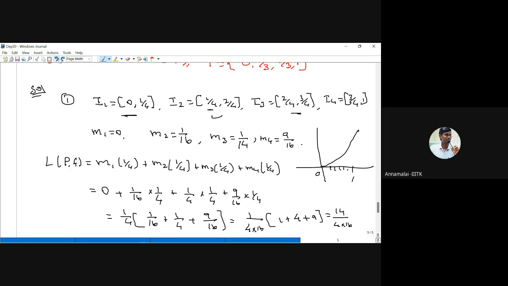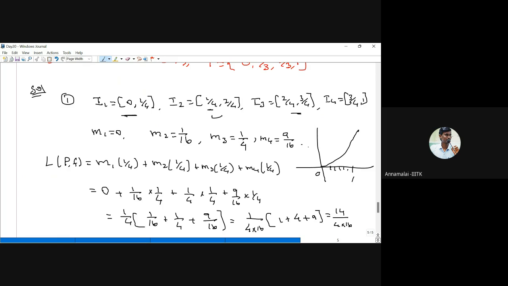Sorry? Where? In m3, how does 1 by 4 come? We will get the minimum value at the point 2 by 4. So 2 by 4 is nothing but 1 by 2. 1 by 2 square is nothing but 1 by 4, right? Therefore, this is correct. And here 3 by 4 is correct.